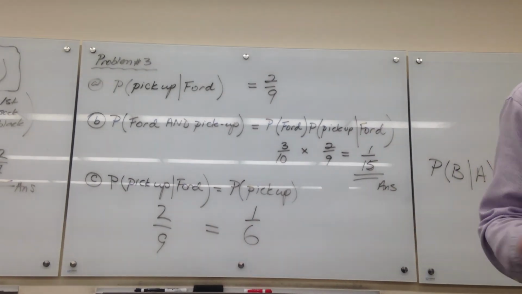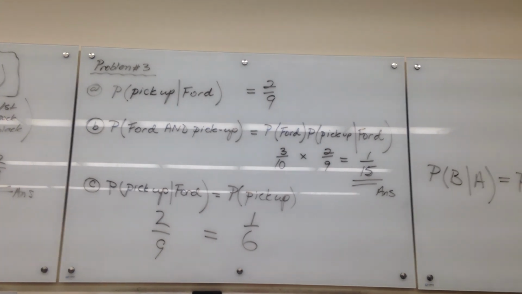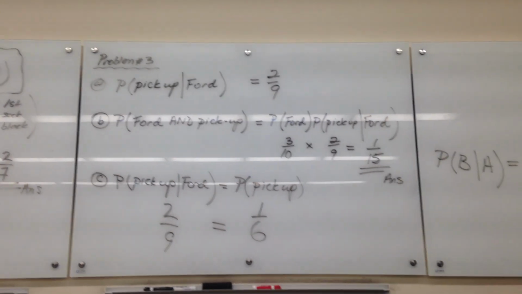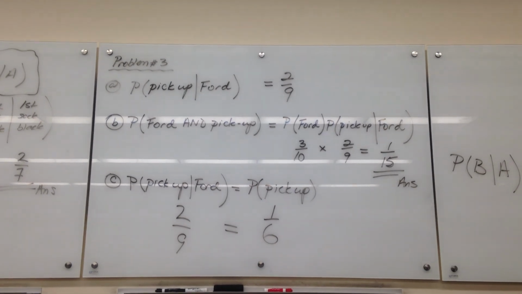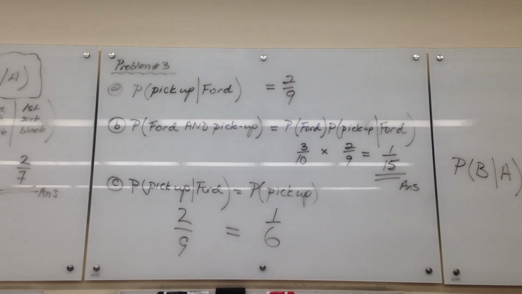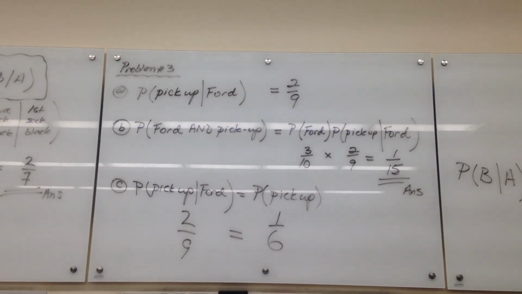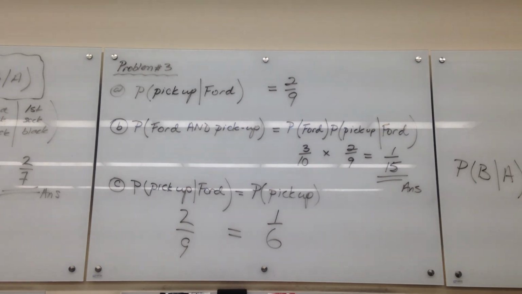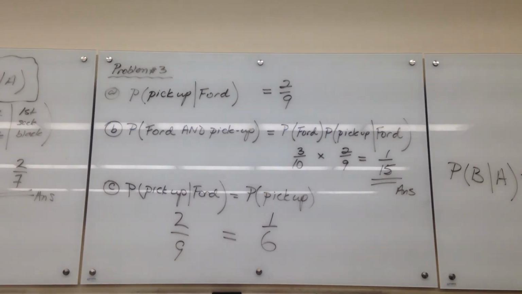Now, before we take a break, that's important to brands, right? That says if it doesn't matter that you're a Ford or a Chrysler or a GM or a Jeep buyer, doesn't matter what you buy, they'll each have the same probability of selling pickup trucks.